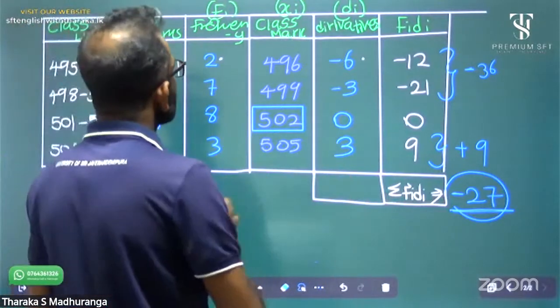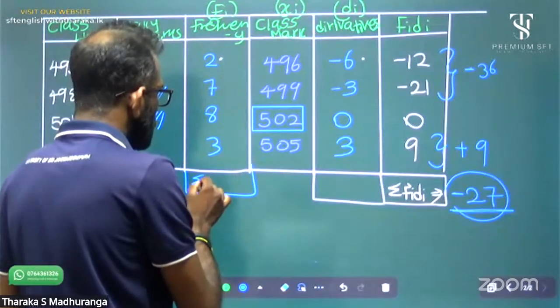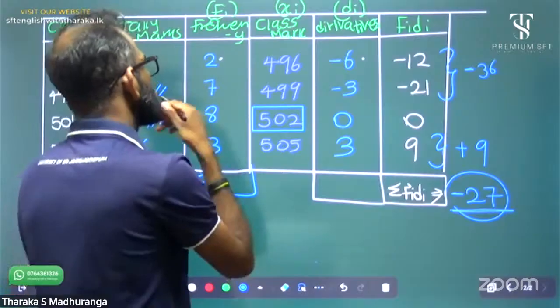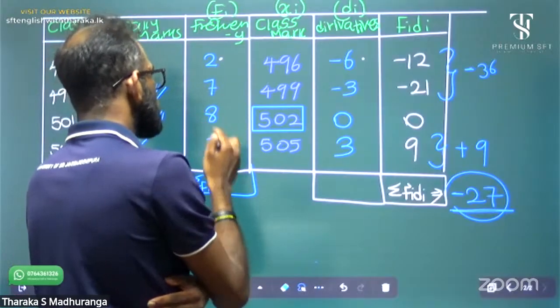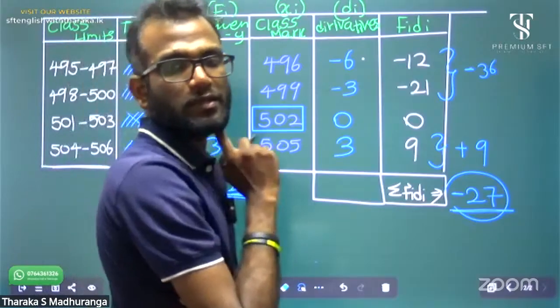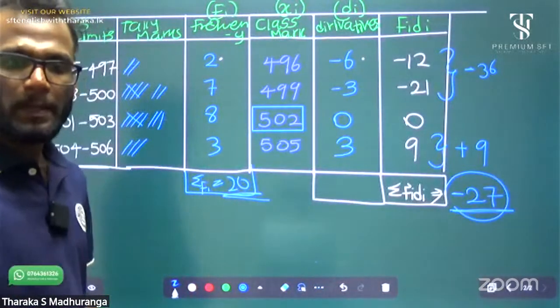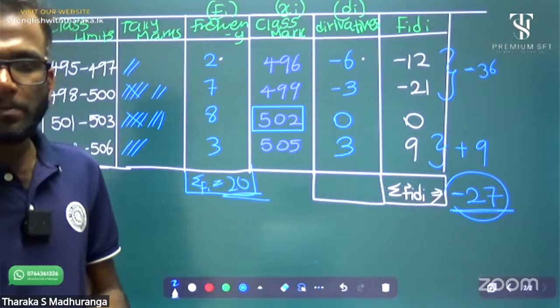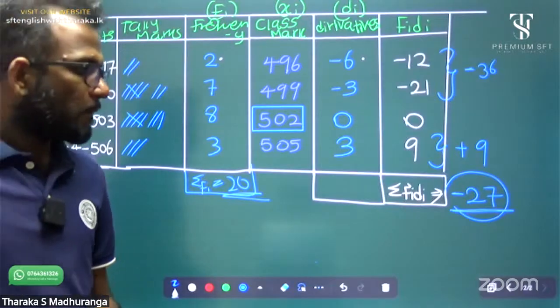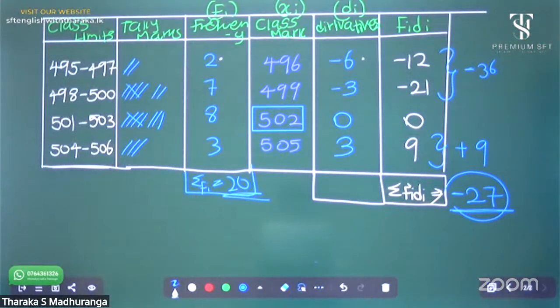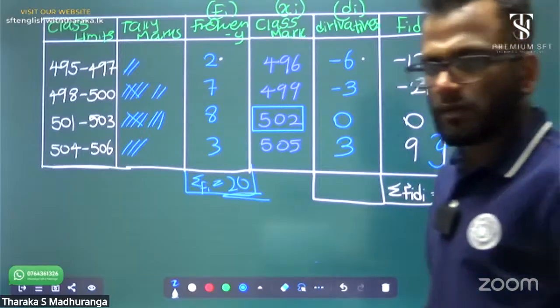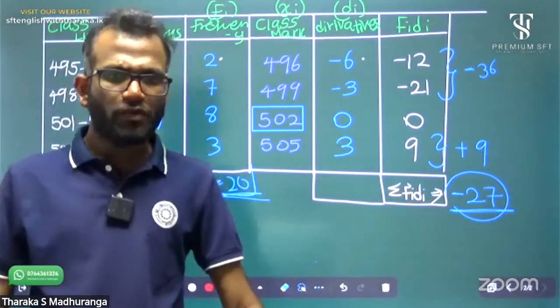Okay, now you can get the sigma fi. What is the sigma fi? 2 plus 7, 9. 9 plus 3, 12. 12 plus 8, 20. It's 20 data. How you got 24?